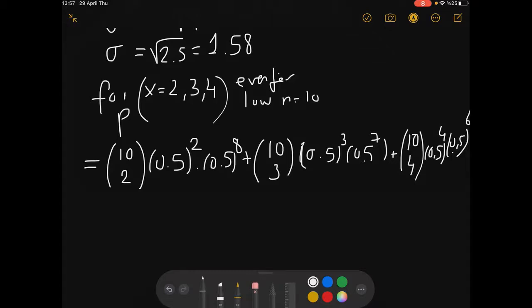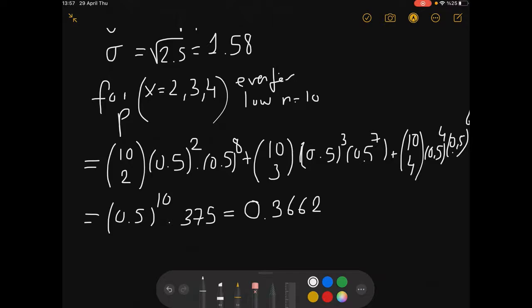This is how you're going to calculate this result. I have already made some calculations, but you double check them yourself, and the result will be this one.